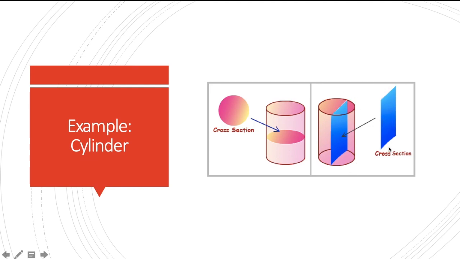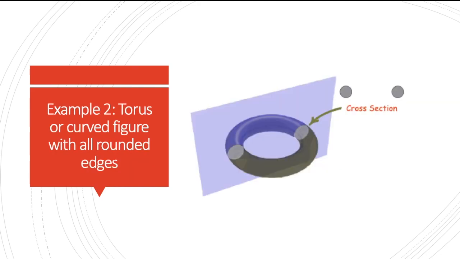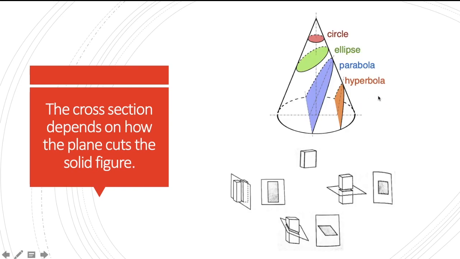If you were to cut a cylinder directly in half, the new face would be a rectangle. So next is the torus, which is kind of a curved figure with all rounded edges, kind of like a noodle ring. If you were to cut it vertically, like they show right here, you only have two sections of the cross section, right here and here, which are two circles.